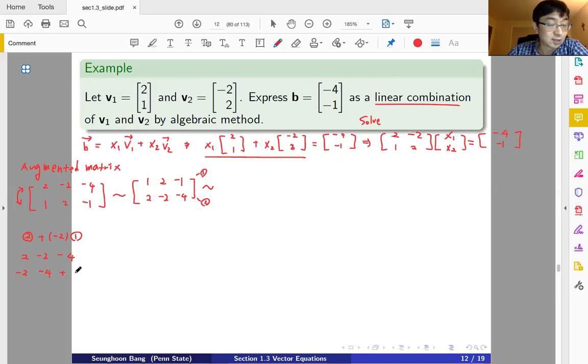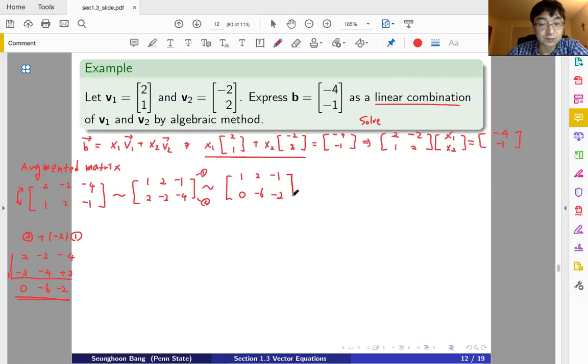Add it: 0, -6, and -2. Oh, negative 2, sorry. So the first row stays the same: 1, 2, -1. The second row is replaced by the new row: 0, -6, -2.